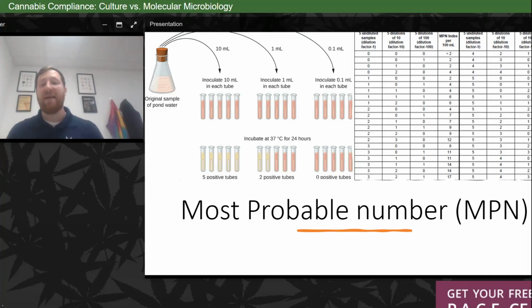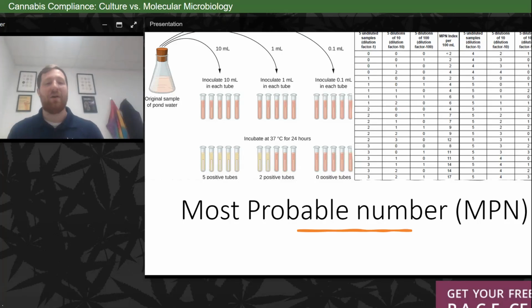Now, MPNs often work better at lower detection limits, but they can range through any sort of detection that you need just through dilutions. There are automated methods for MPN in both the cannabis and the environmental and food industry as well. But instead of test tubes, they are often pre-filled cards or cells that do these dilution factors for us.